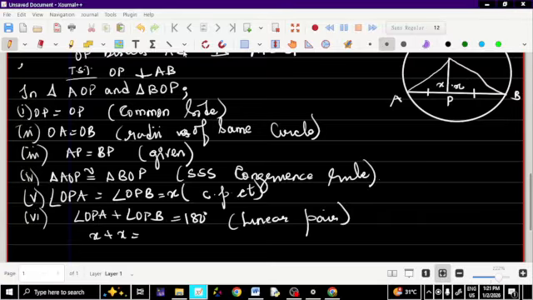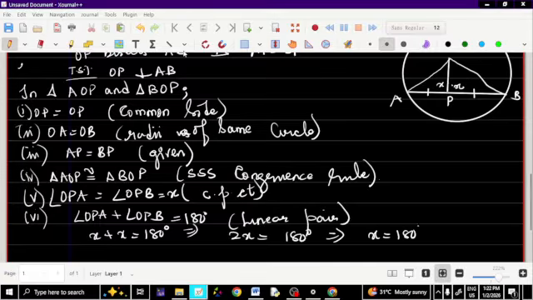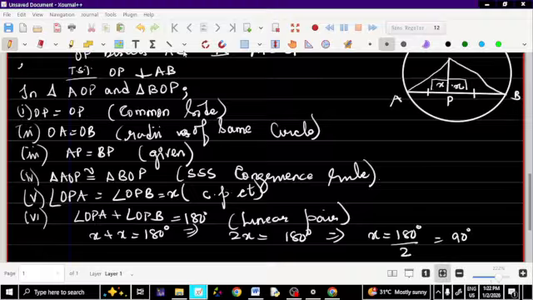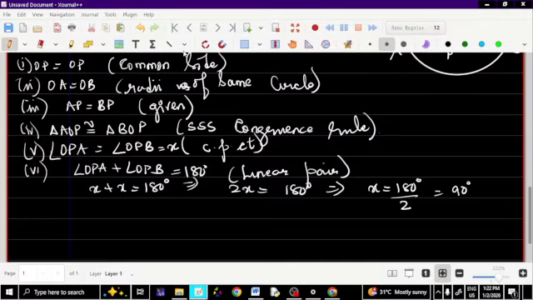So X plus X is equal to 180. That means 2X is equal to 180. Once you transfer 2 to the other side, this will come to 90. That means each of them is 90 degrees. Therefore angle OPA is equal to angle OPB and each of them is 90 degrees.